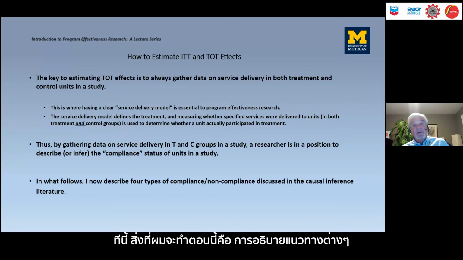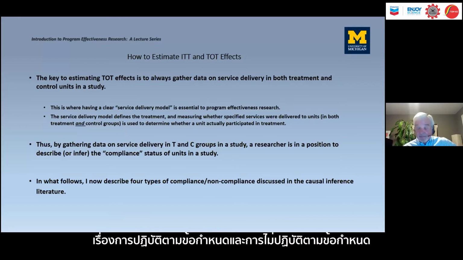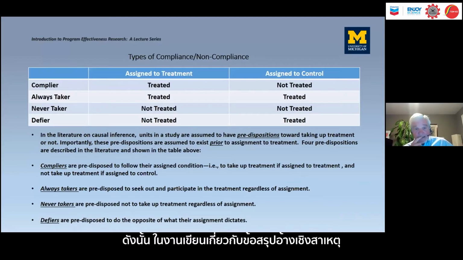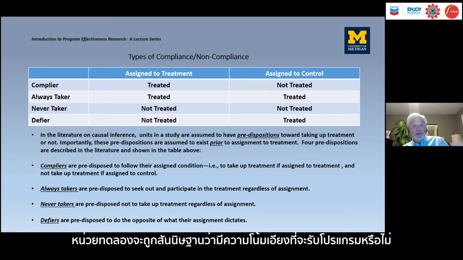Now, what I'm going to do right now is describe the various ways that the causal inference literature has discussed compliance and non-compliance. So in the literature on causal inference, units in a study are assumed to have predispositions towards taking up treatment or not.